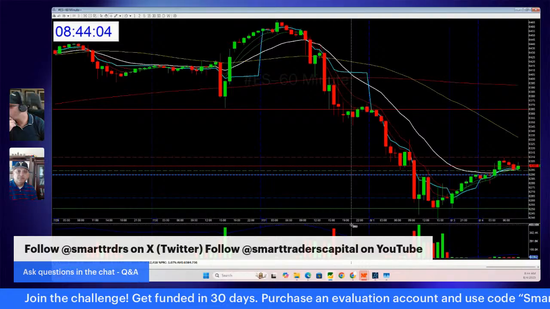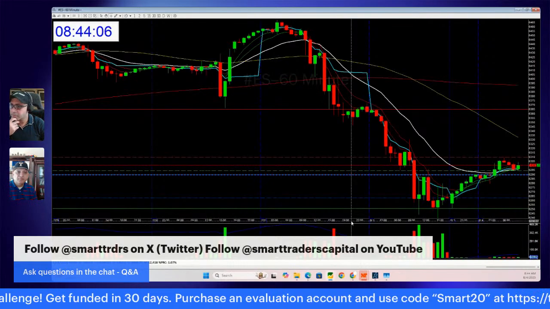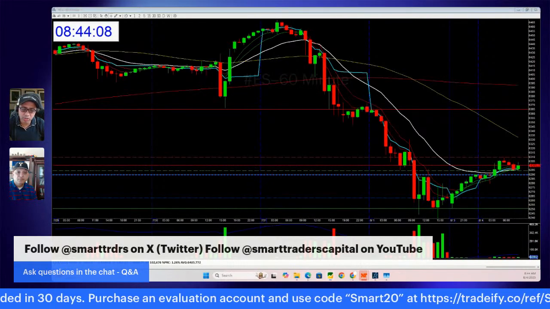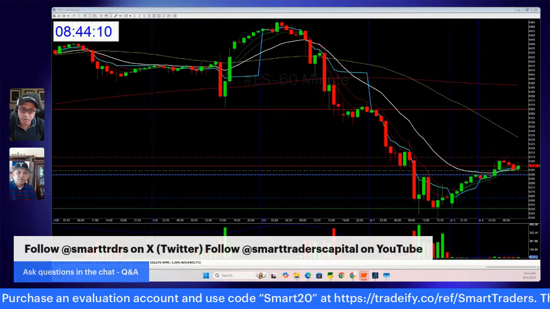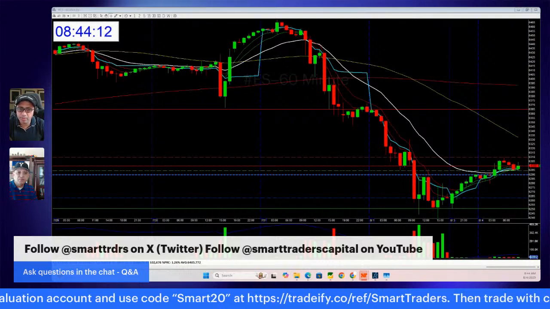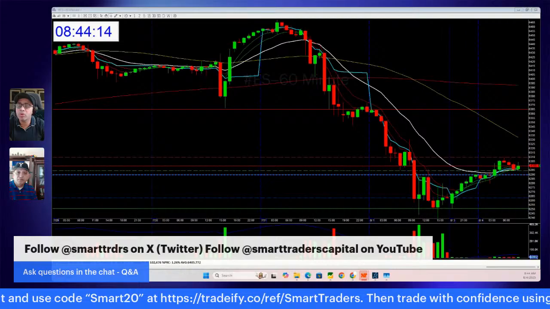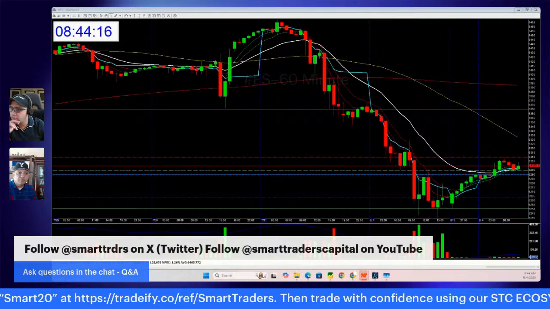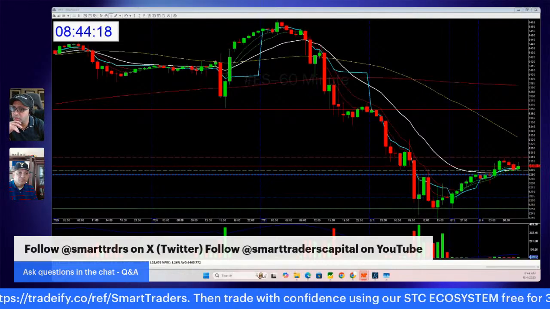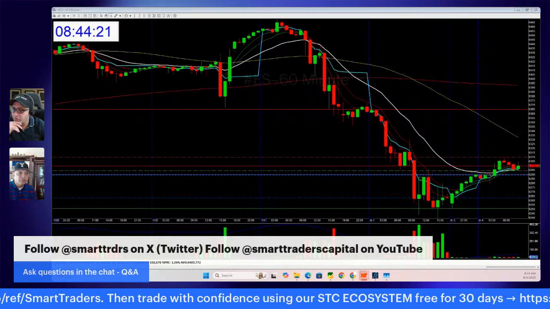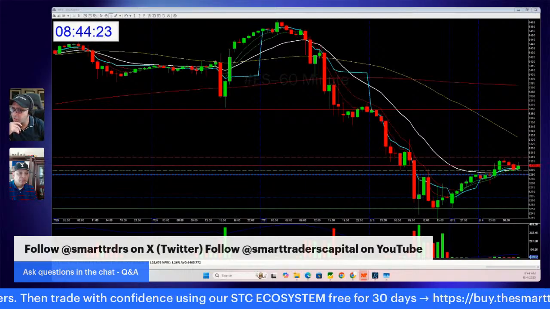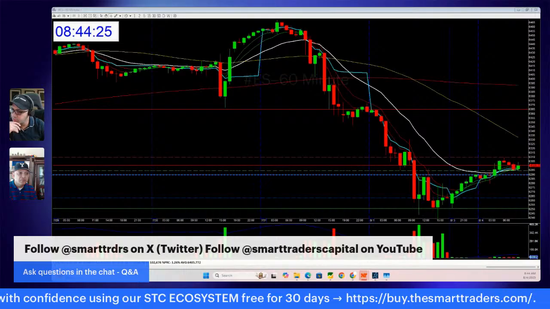If it can reclaim the Friday highs, then there's a likelihood that we're going to close the gap. And if we cannot reclaim the high, there's a likelihood that we can come back and test the downside. So right now, definitely ES and NQ are making lower highs.